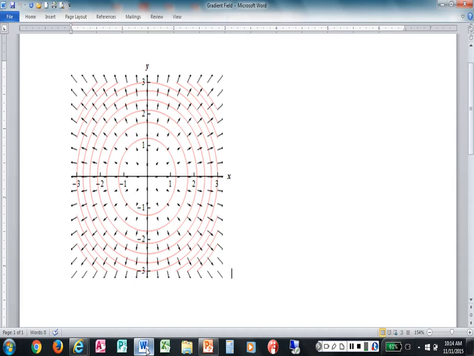And then we're looking at the gradient vectors, which we're calling a vector field, shown on the figure there.